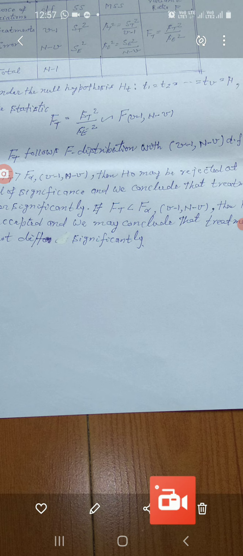Similarly for error, we have degree of freedom capital N minus V. Sum of squares is capital SE square. Mean sum of squares is small se square, equal to capital SE square upon N minus V. In this way, lastly we have the variance ratio FT for treatment.